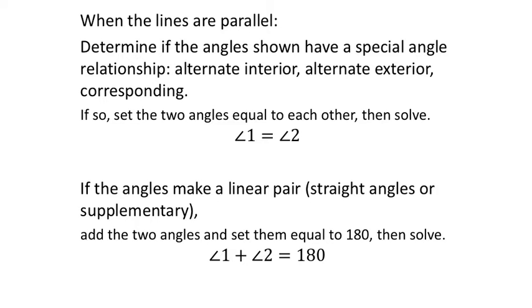For example, angle 1, maybe you'll see something like 3x plus 2. And then maybe angle 2 would be 4x minus 8, something like this. Again, if these two angles were either alternate interior, alternate exterior, or corresponding angles, we would say, I'm going to set these equal to each other and then solve.